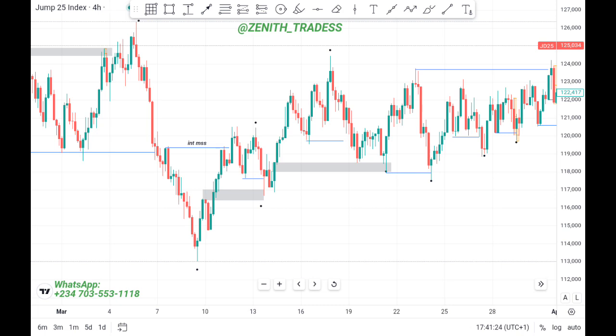So the difference between someone that is not profitable and has been trading for months, years now, and you that just started out and are seeing results step by step, even if small, is that each of the trades you are taking, you are reviewing it and asking yourself, why did I lose this trade?